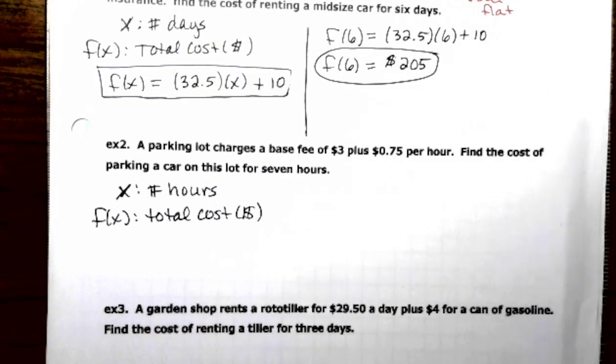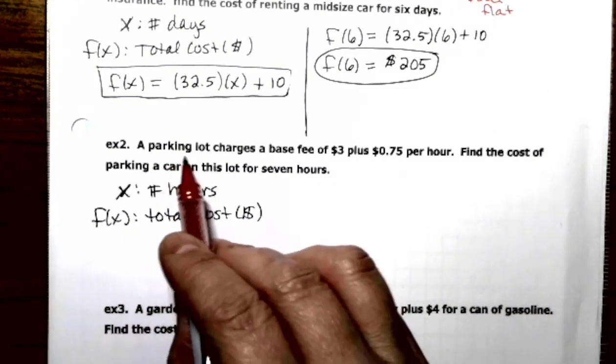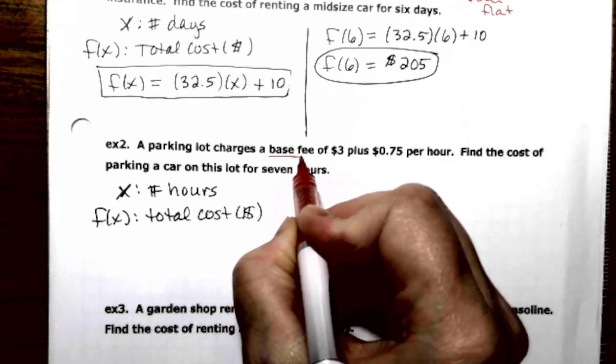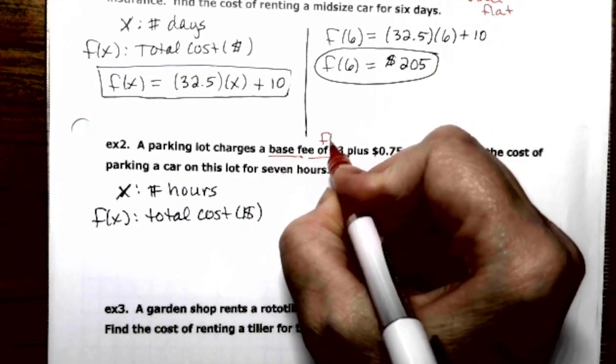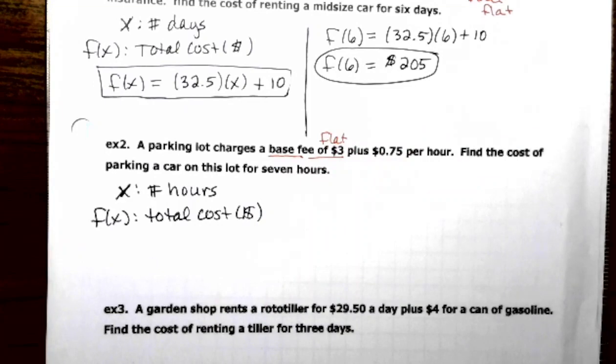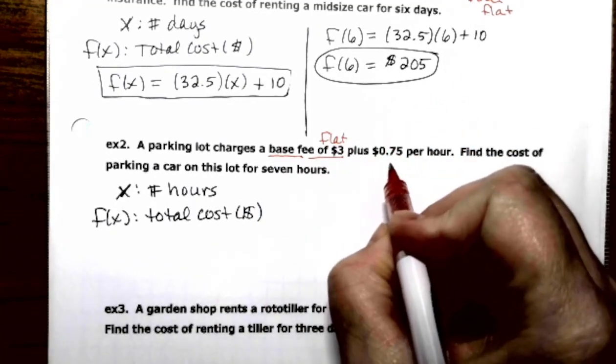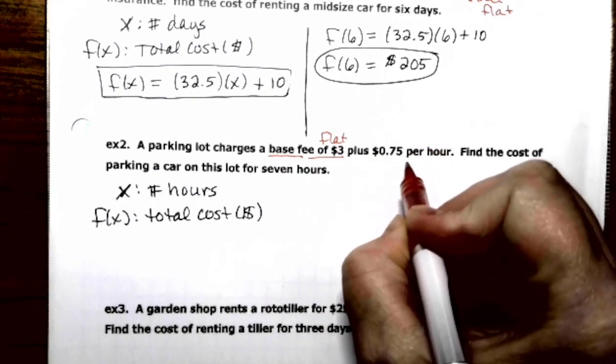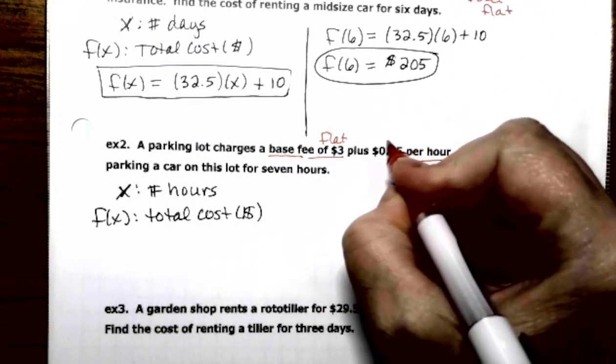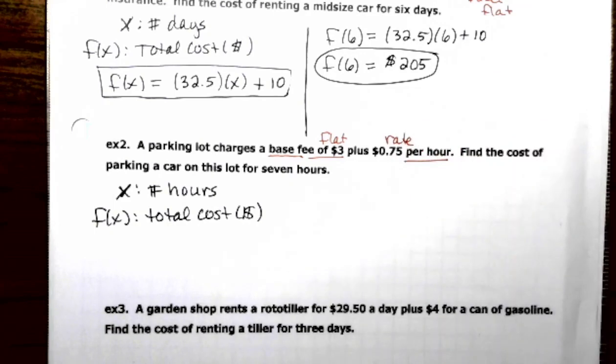Okay, let's read it again and try to identify the changing rate versus the flat rate. A parking lot charges a base fee of $3. That is our flat rate because it starts at $3 no matter what. Plus $0.75, and there's that word again, per hour. So that is our changing rate.